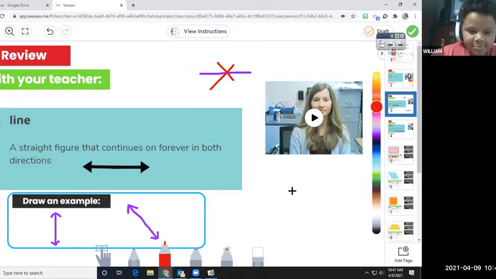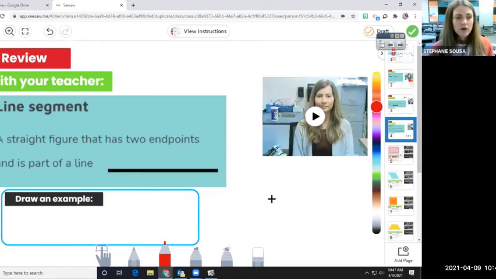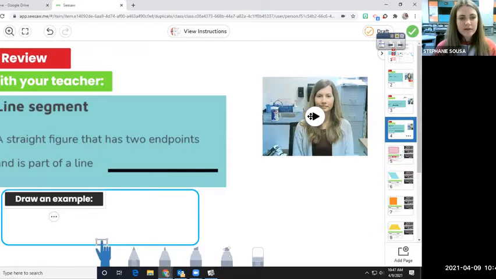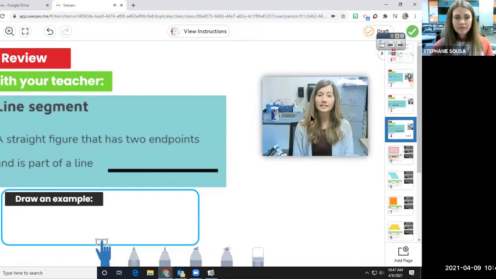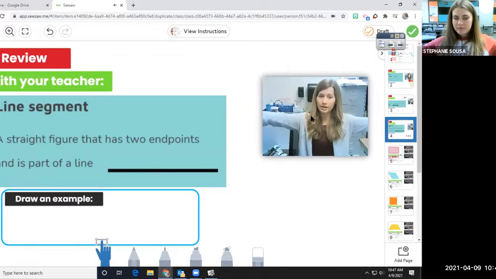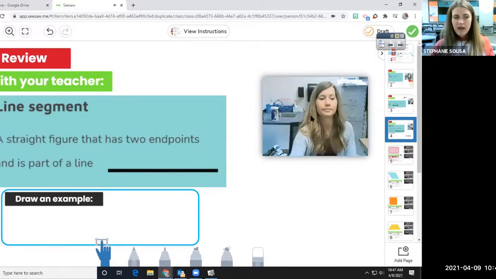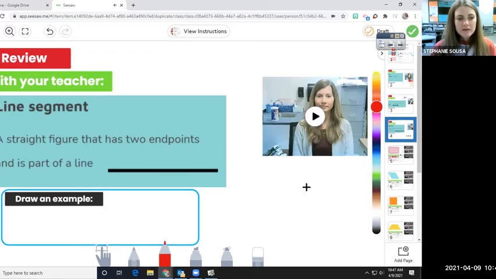Okay. All right. Let's take a look at slide 4. Here it is. A line segment is a straight figure with two endpoints that is part of a line. Okay, so here's what that means. We just drew a line a moment ago. Here's my line.